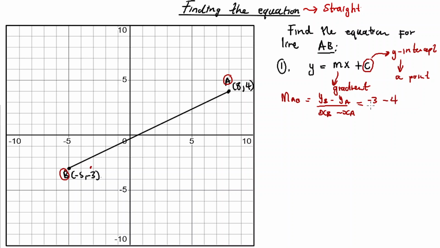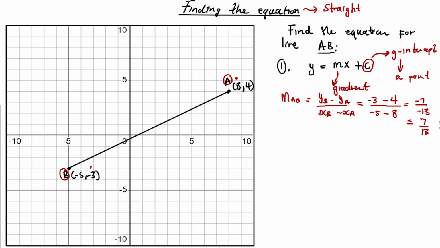XB is minus 5, minus XA, which is 8. So the answer should be minus 3 minus 4, that's minus 7, over minus 5 minus 8, which is negative 13. So the answer should be a positive 7 over 13.